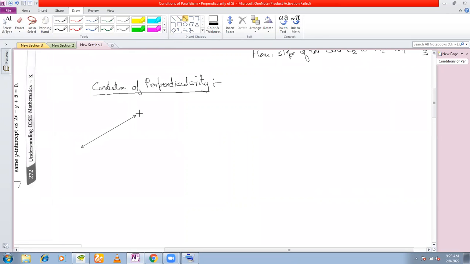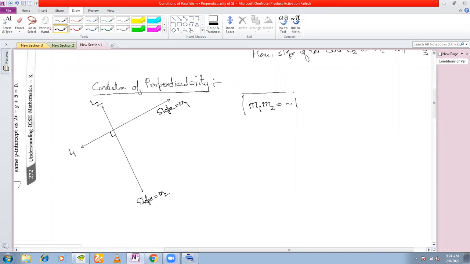If I have two straight lines which are perpendicular to each other, such that, let's call this line L1 and let's call this line L2. L1 and L2 are perpendicular to each other, and suppose I know the slope of this line as M1, and the slope of this line as M2, then according to the condition of perpendicularity, the product of their slopes must be minus 1.